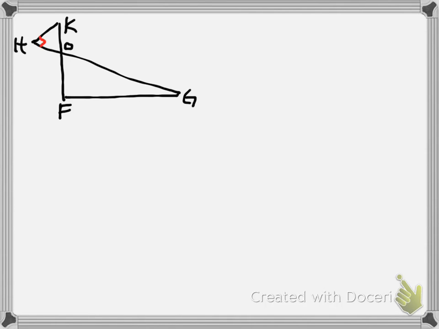I am going to tell you that I've got a right angle in two locations. I am going to label two angles as 1 and 2. So in my given, I have that angle H and angle F are right angles.